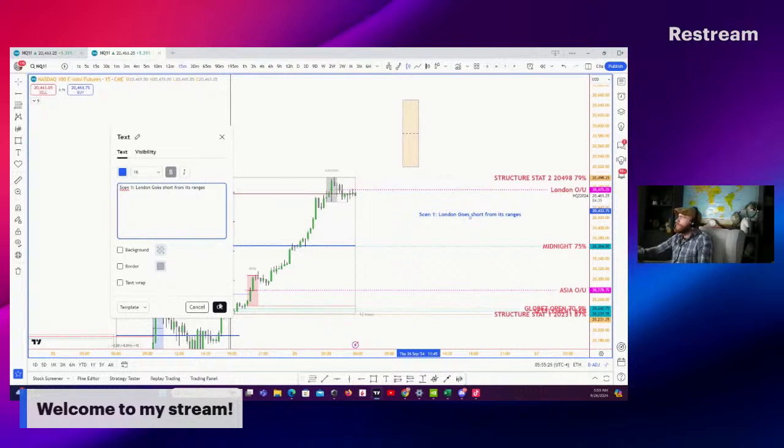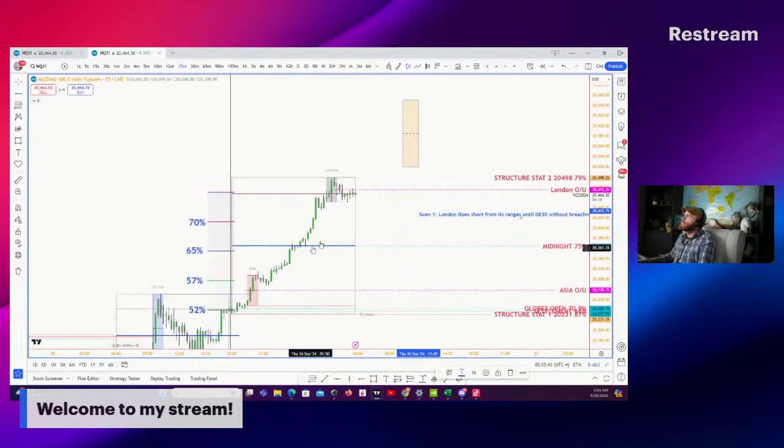Let's look at those probabilities until 0830 without breaching the Asia mid. Right, so let's put that in. Did we breach the Asia mid between 2 and 3? We did not. So now we have 1149.